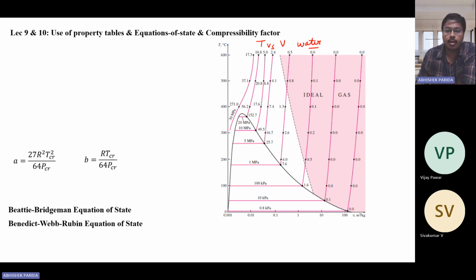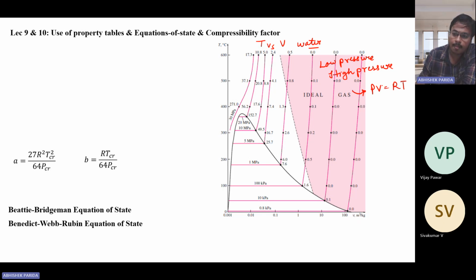You will find that at low pressure and extremely high temperature, water almost behaves like an ideal gas, and thus here we can use the ideal gas equation, PV is equal to RT, so P into small v is equal to RT.